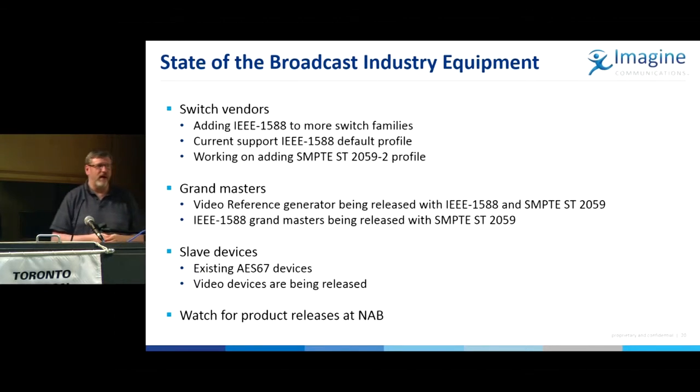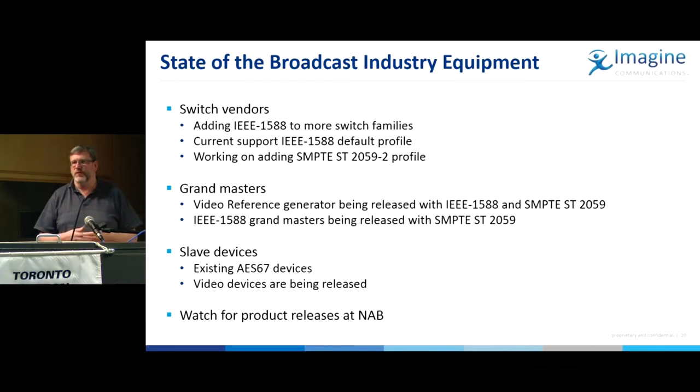Just looking at where we're at in the industry in terms of all the equipment. In terms of the core switches you would be purchasing, many of the manufacturers are adding 1588 to more families. When you go through the catalog of any of the major switch manufacturers, not every switch today supports 1588 or 2059, but more and more of their models are adding that capability.